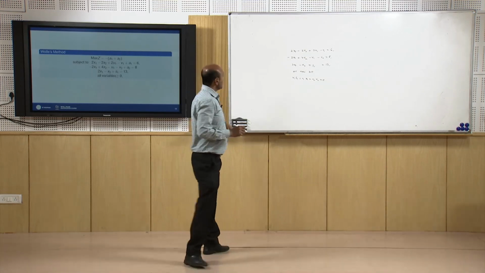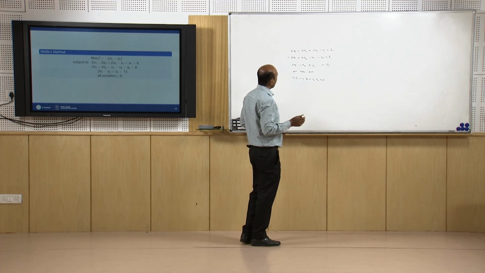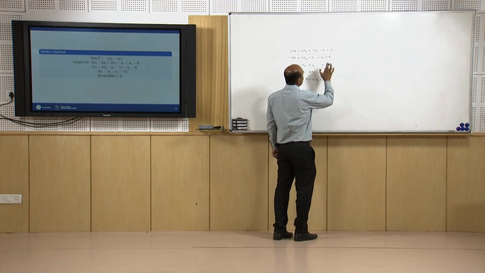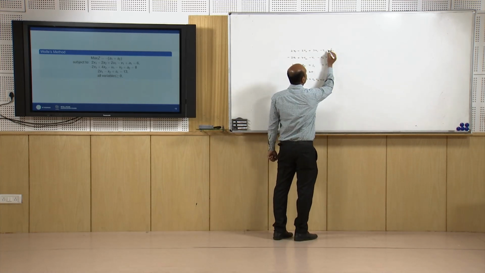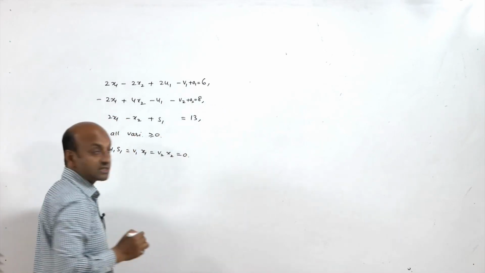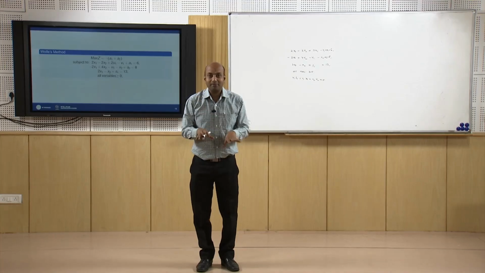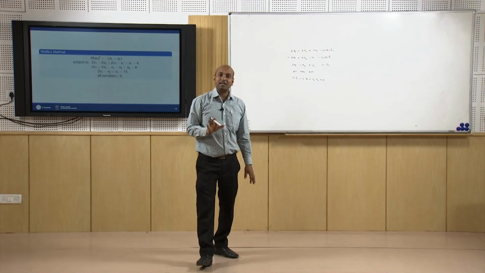Now, first how will we introduce the identity, and then how can we formulate the objective function? What we do is add variables, which we call artificial variables, corresponding to the first and second constraints, because here we do not have an identity for these constraints. So, we deliberately introduce two more variables, called artificial variables.